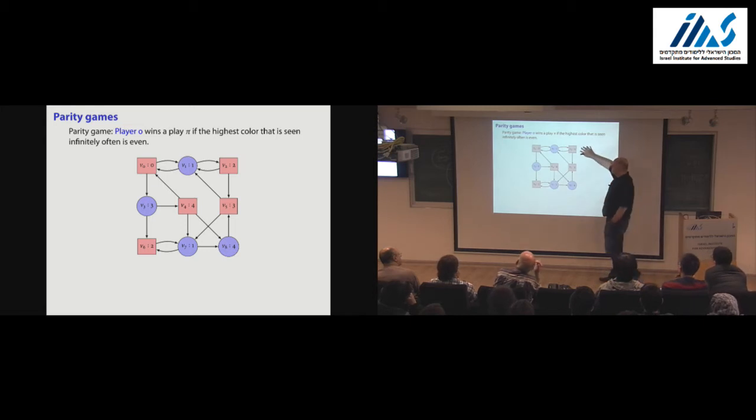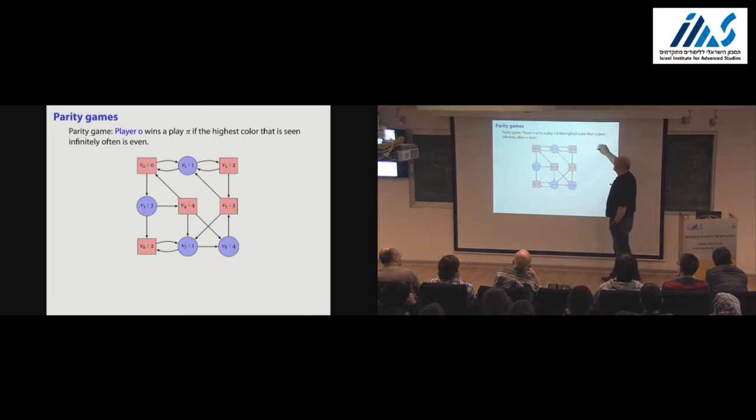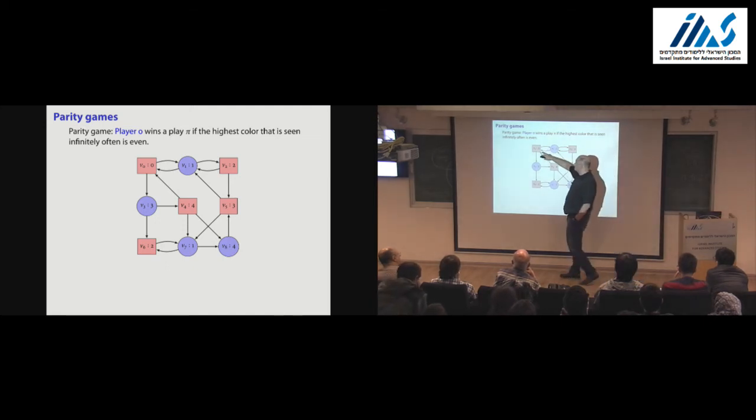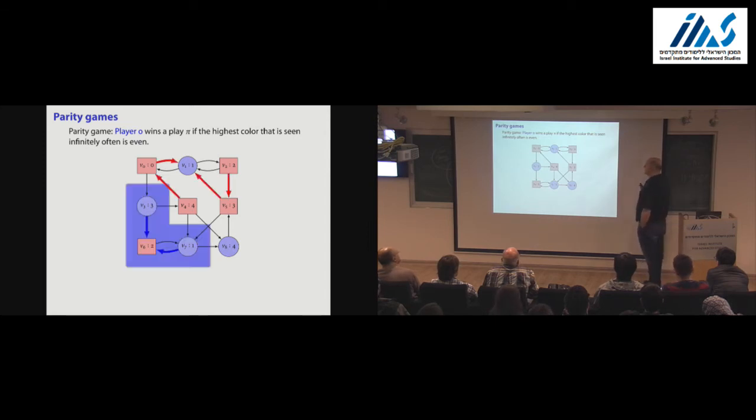So now player 0 wins a play if the highest color that is seen infinitely often is even. So here you see that the states are annotated with these numbers, the colors, and now you can try to figure out where the winning region is. Seeing that for parity games is a little bit more tricky than for Büchi games.